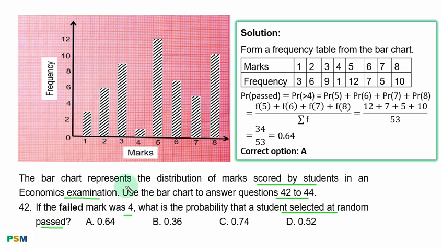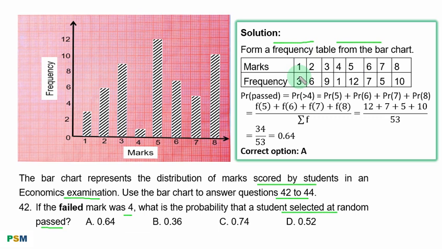Solution. From the bar chart, we need to form a frequency table. All right, so we have marks 1, 2, 3, 4, 5, 6, 7, 8 in this form.